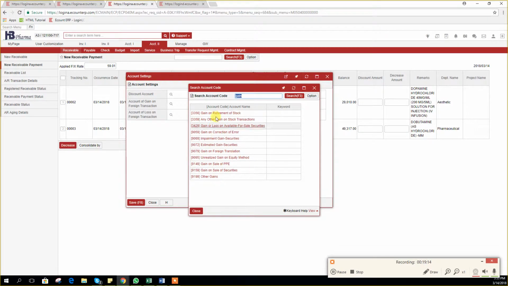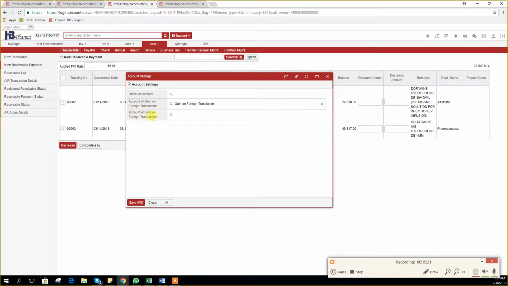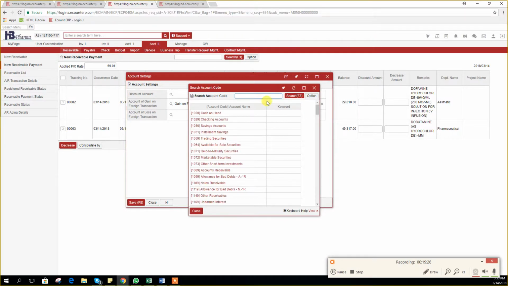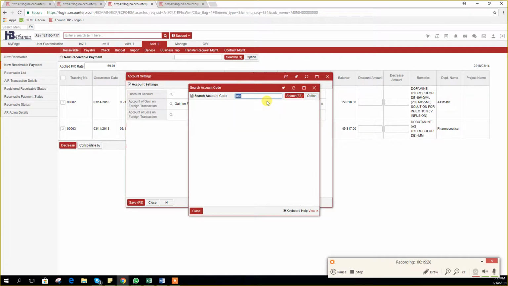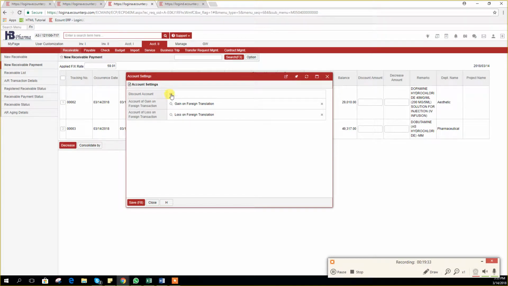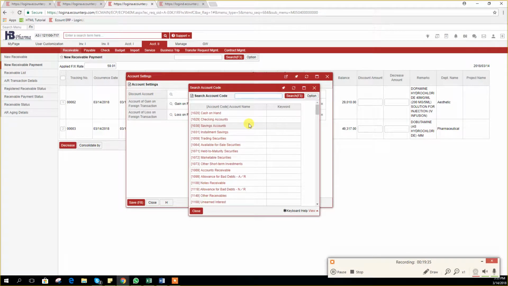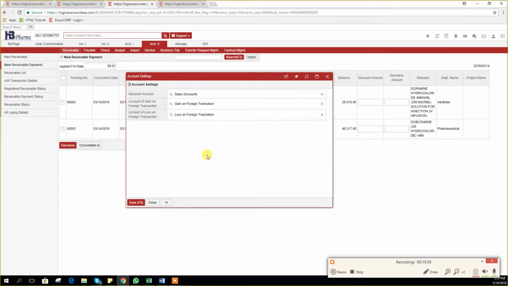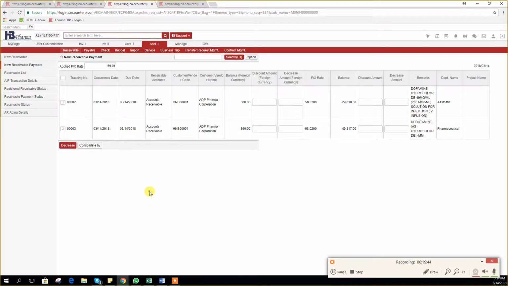So for gain and loss on foreign translation, the loss of foreign exchange must go to loss on foreign exchange. Discount account should go to sales discount account. So it is set up already. So the customer pays you.